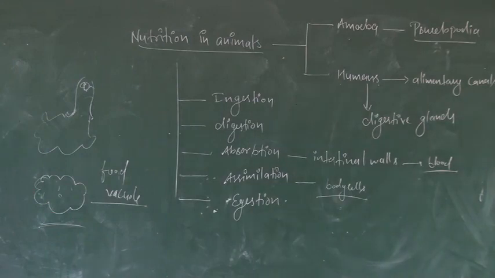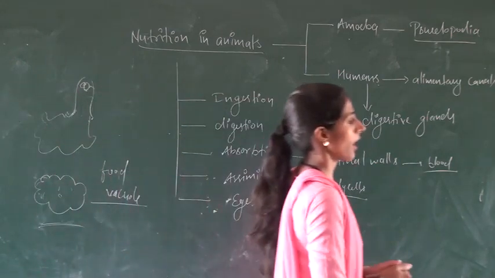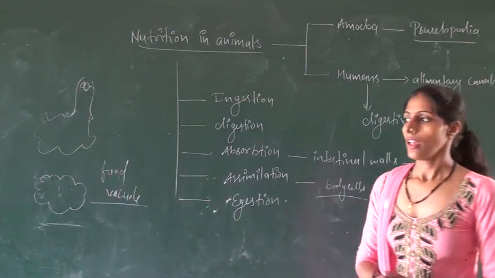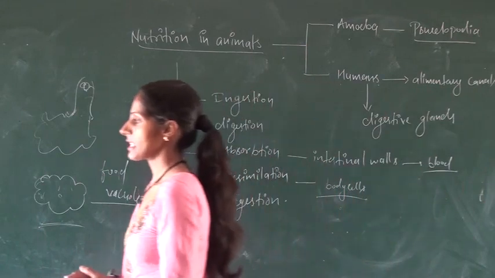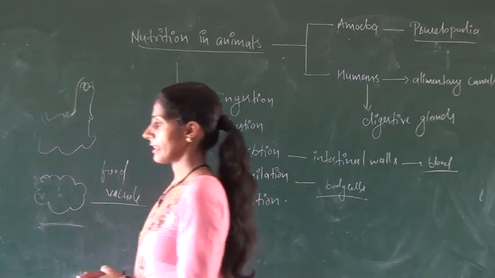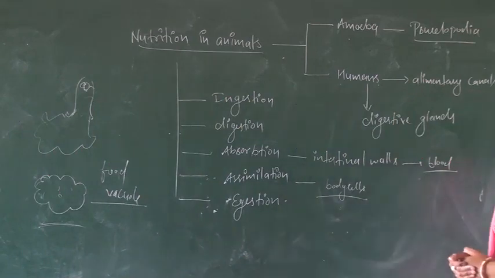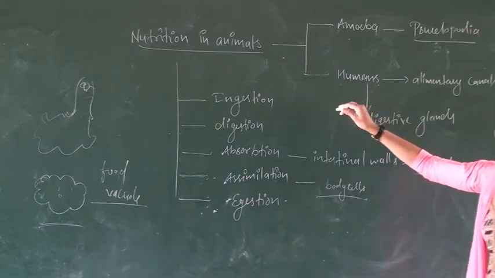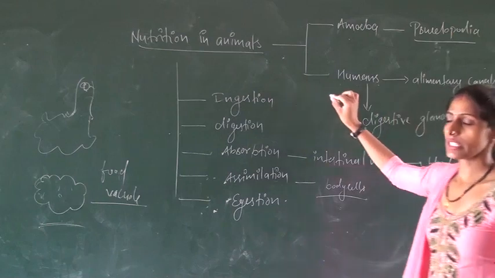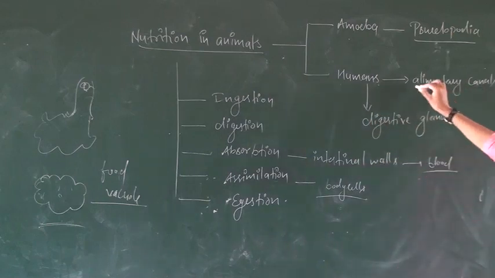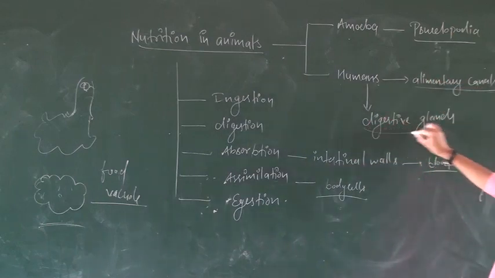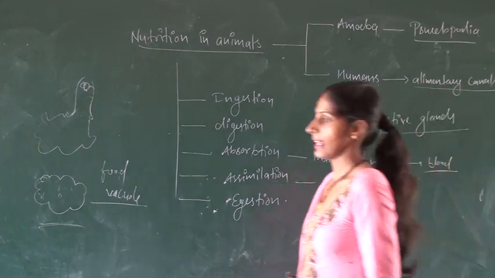Okay. After that, how does the nutrition process take place in humans? Human is a multicellular organism, so the human digestive system works. In this human digestive system, the nutrition process takes place in two parts: the alimentary canal and the digestive glands.